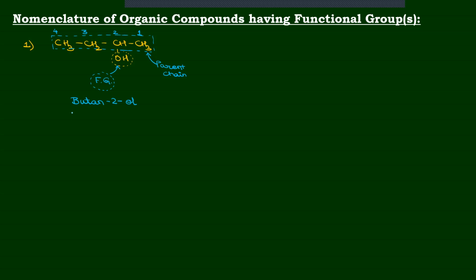So we write butan-2-ol by replacing the E of alkane by the word ol. You observe it carefully. Butane without the E. 2 is the location of the OH, and ol is the suffix of the alcohol. You can also write it as 2-butanol, but the more appropriate way of naming is butan-2-ol.